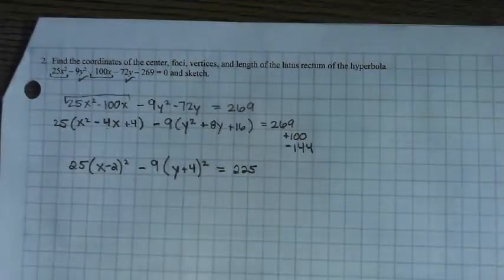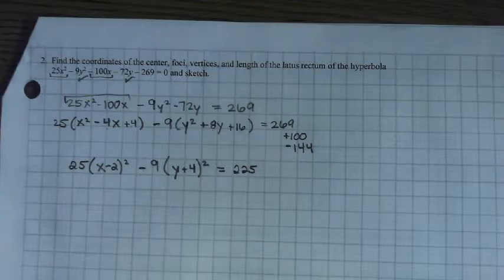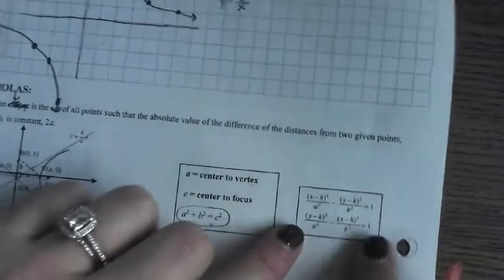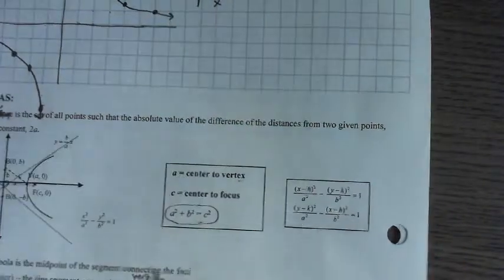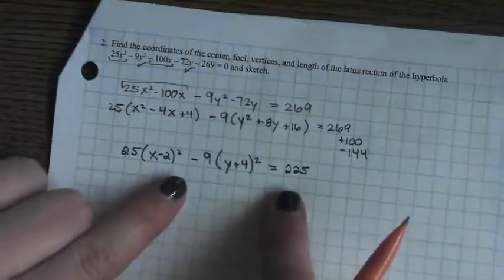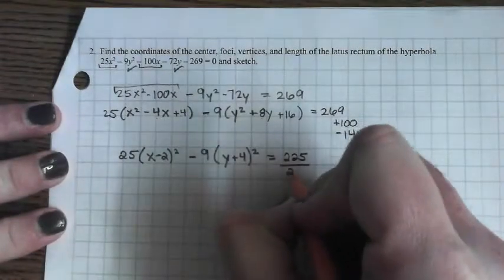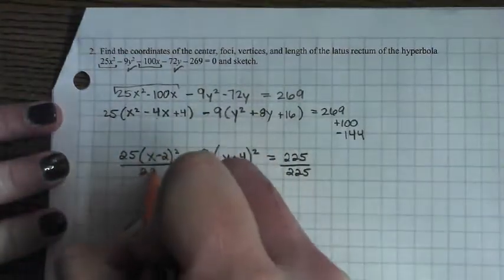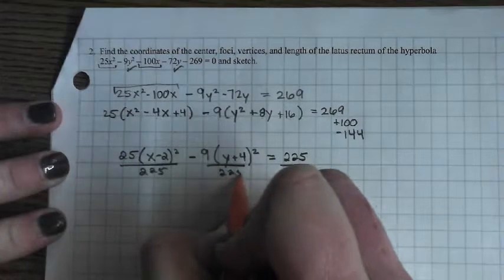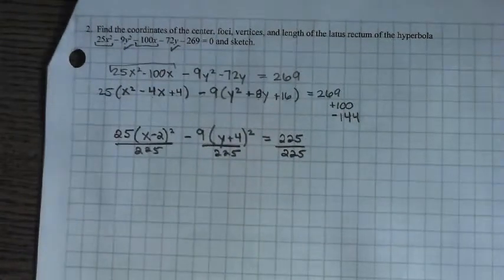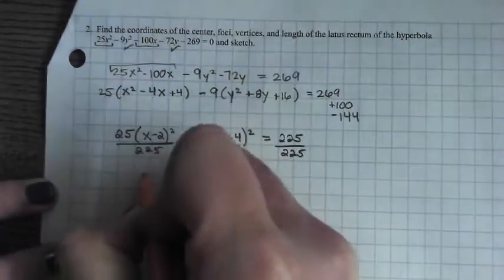Okay? So just like ellipses, these needed to equal 1. So the format that we looked at yesterday, which was here, they equal 1 also. So we're going to go ahead and divide by 225. The 225 and the 25 reduces to 1/9.